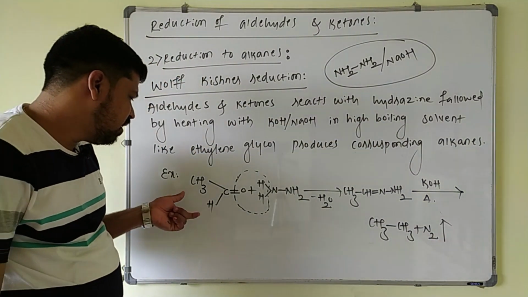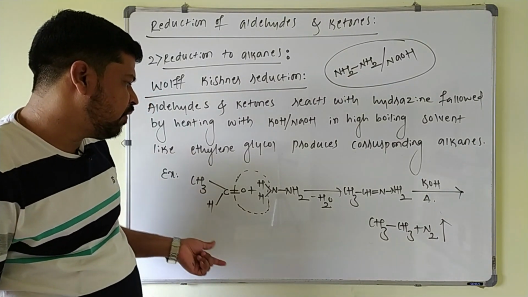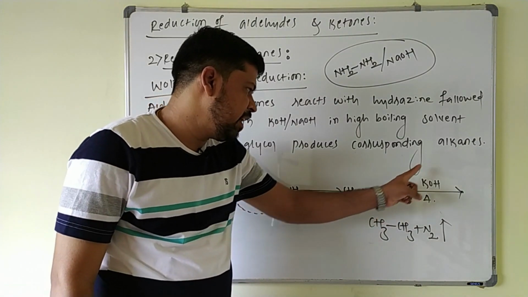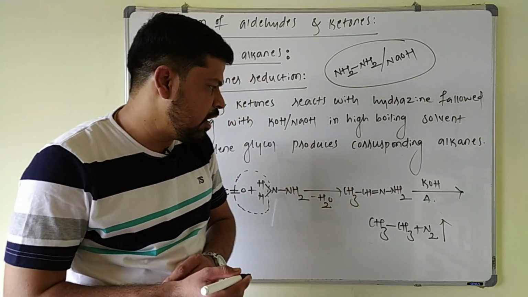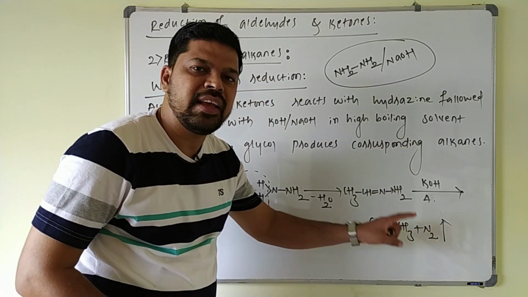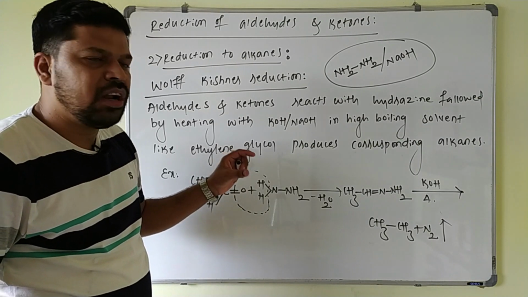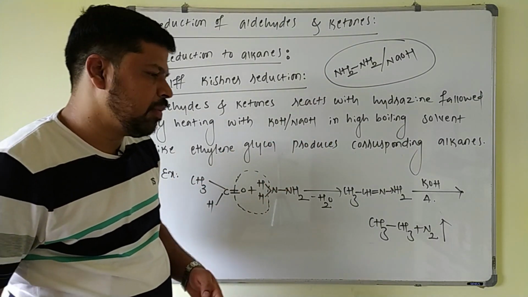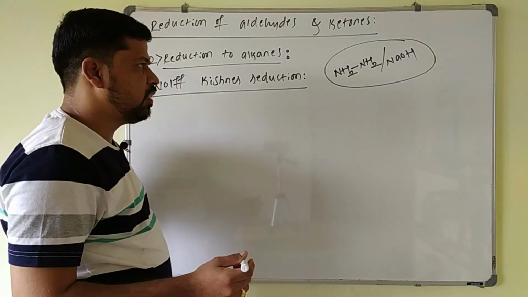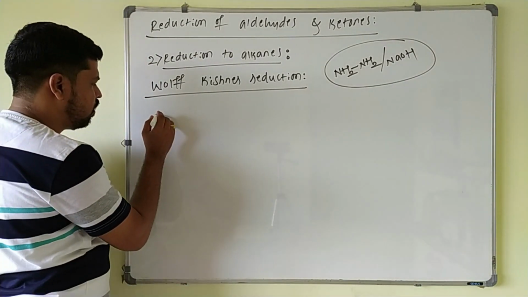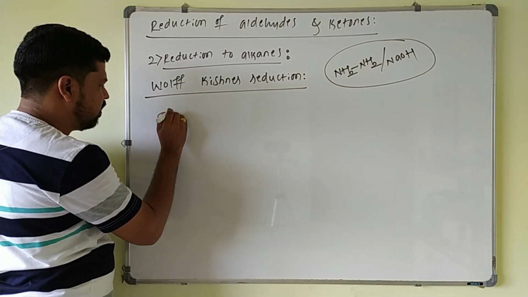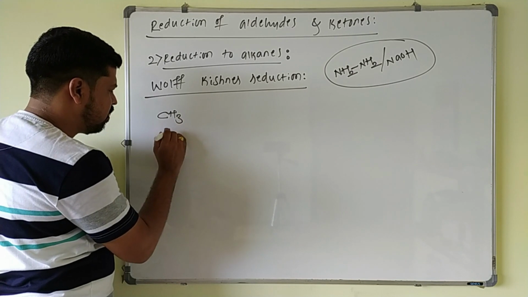So in this way, these aldehydes and ketones on treating with hydrazine followed by heating with base like KOH or NaOH, they will produce what? Alkanes here. Here also double bonds are not affected. We will write the remaining examples. So the next example is, if I take a ketone here, this is CH3, C double bond O, CH3.